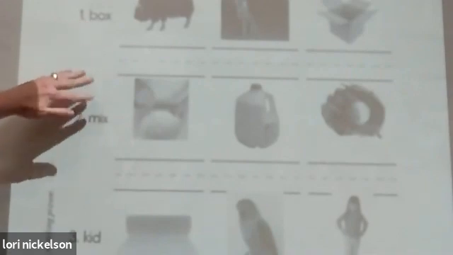Let's make this to where you can see it. Okay. So this, remember, is you look at the picture, you have to write the word underneath the picture where it belongs. You're matching the word with the picture. You don't have to write any other words. Remember that, okay? So our word is box and mix and kid and six.